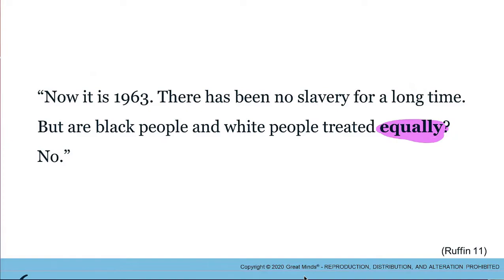We're also going to add the word equally into our notebook. So if I had, oops, not adding a picture. I'm going to pretend I'm opening up my notebook. What does my notebook look like? There's lines on it.